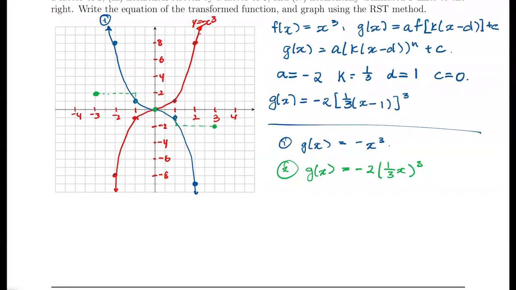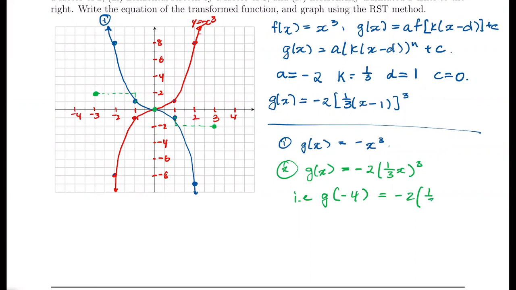So let's say we have g at -4. So we're going to have -2 times 1/3 times -4 to the power of 3. Okay, so that means we're going to have -2 times (-4/3) to the power of 3.